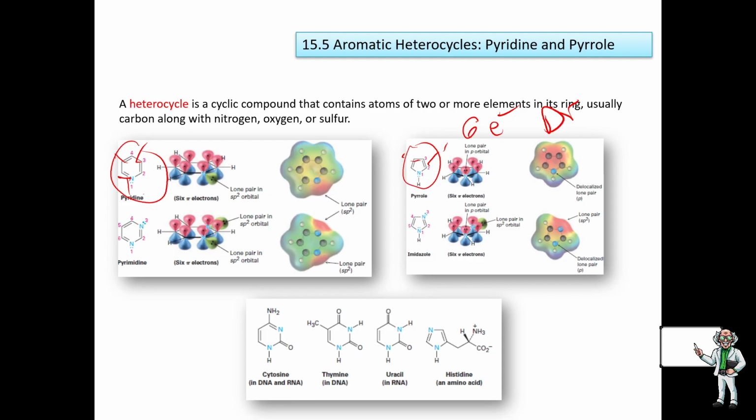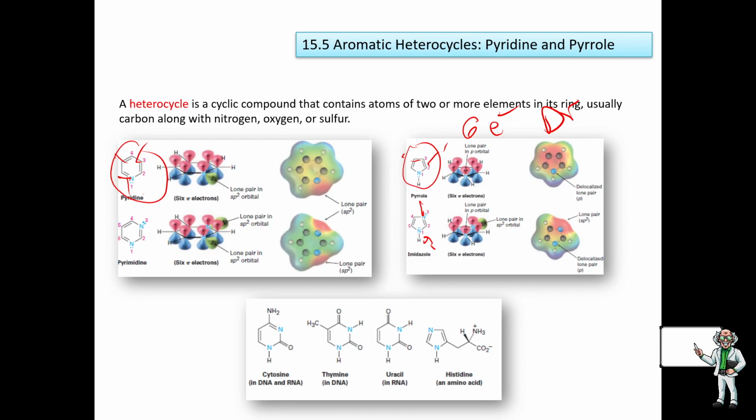Because we have five atoms, we substitute 2 carbons by 2 nitrogens, and one of the nitrogens, this one, must be sp2 hybridized, because if it's aromatic it must be sp2, and then the pair of electrons of this nitrogen is in the pz orbital. However, this other nitrogen is for sure sp2 hybridized.